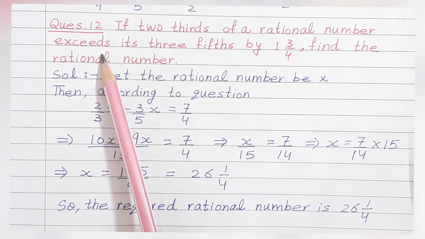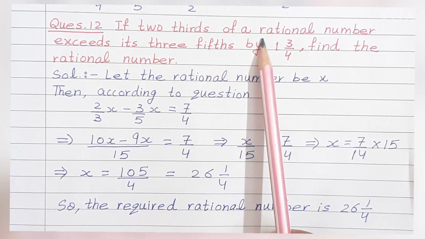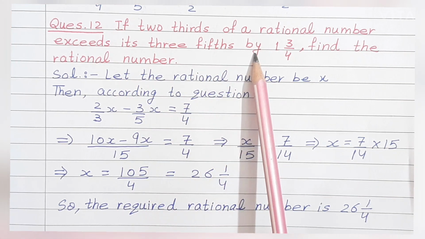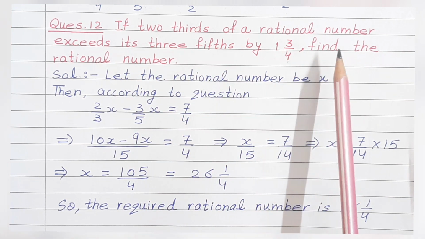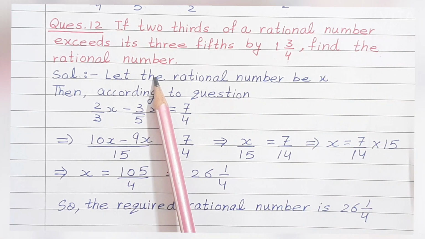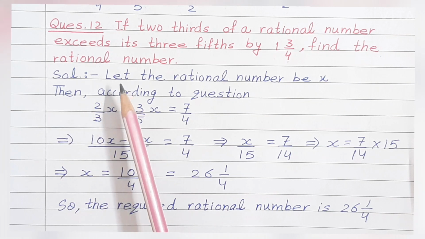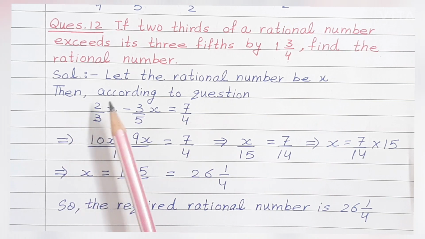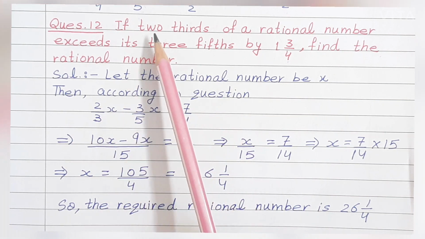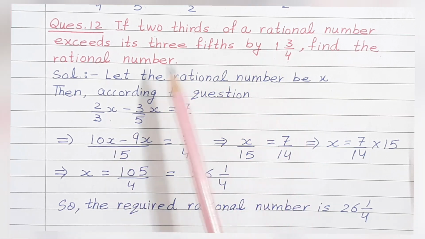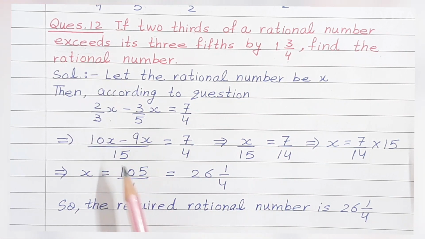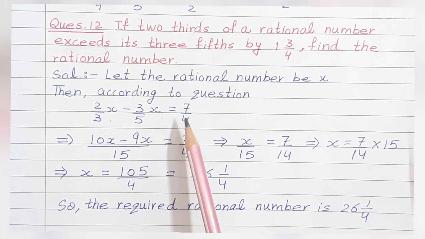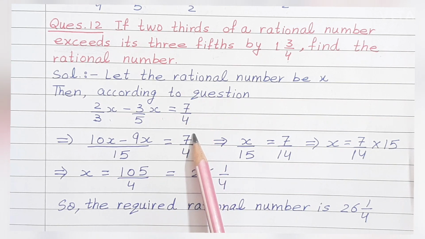Now the next question is, if 2/3 of a rational number exceeds its 3/5 by 1 3/4, find the rational number. So the solution here is, let the rational number be x. Then according to the question, 2/3 of x minus, now exceed here means you will take minus, 3/5 of x, that is equal to 7/4.